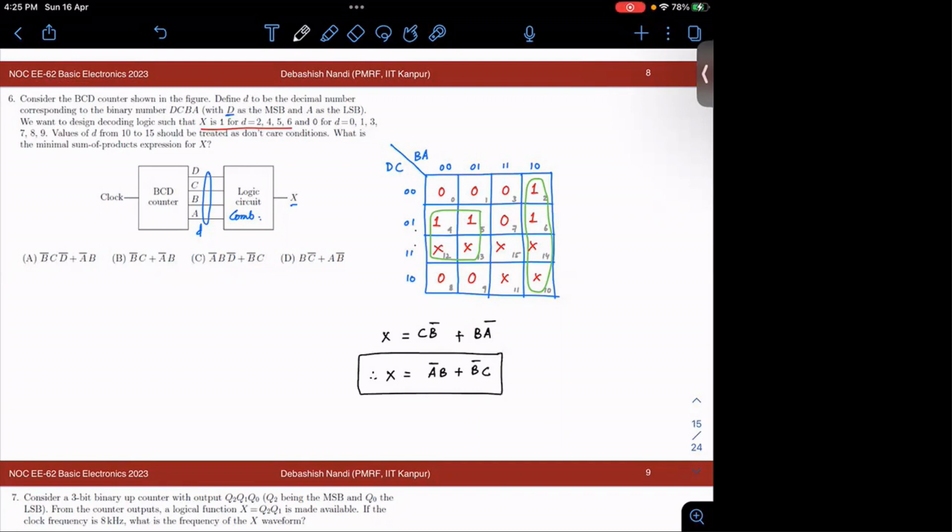So there is nothing sequential involved in this. You have only your combinational logic simplification using Karnaugh map. Okay, so A bar B plus B bar C is your right option. So B is your right option.